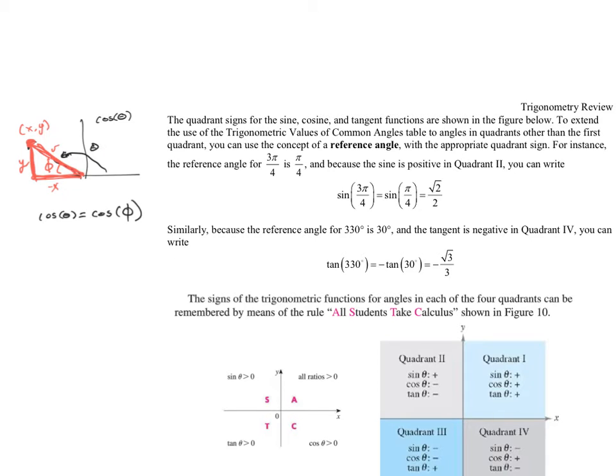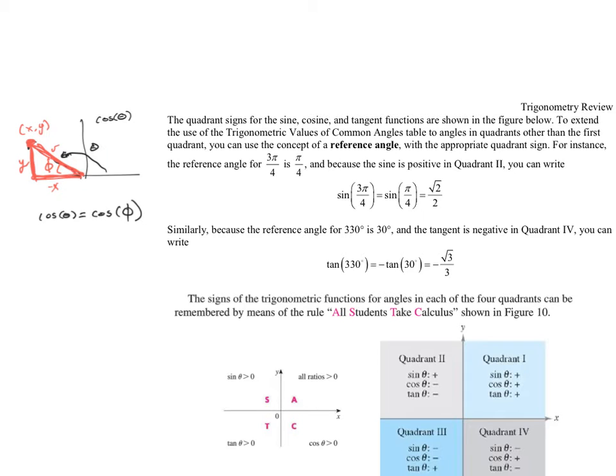Again, I'm not teaching you trig here, I'm just reminding you of what it was. So they give you some examples. If you wanted to find the sine of 3 pi over 4, you could find the exact same thing as the sine of pi over 4. Why could you do that? Well, 3 pi over 4 would be in the second quadrant, pi over 4 is in the first quadrant.